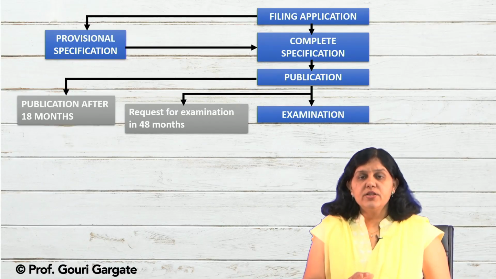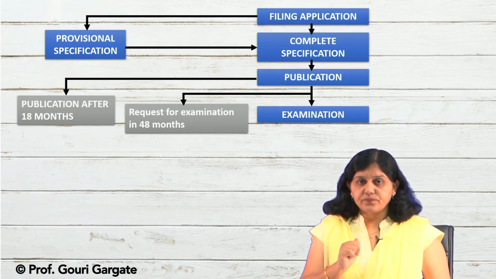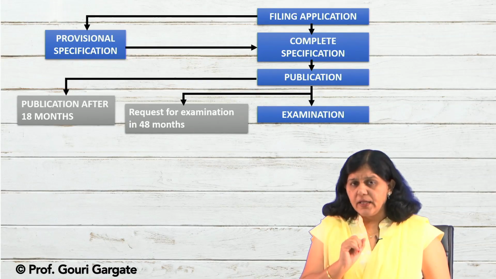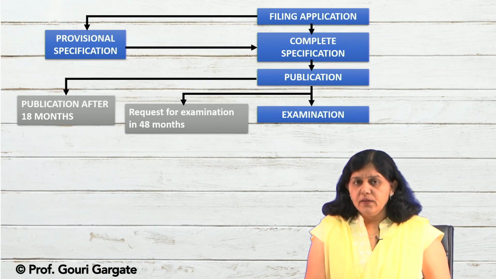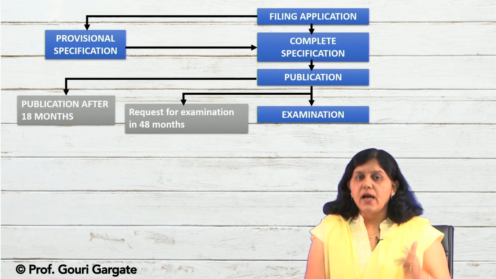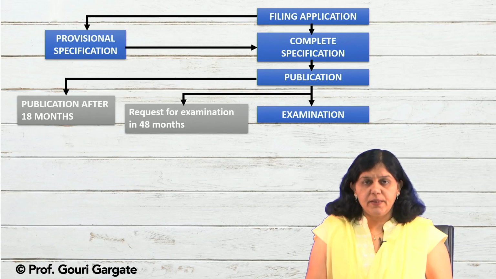First, the examiner will check if the patent follows the criteria of patentability. You know what those criteria are. There are 3 important criteria for a patent. You remember? Novelty, non-obviousness and industrial applicability.